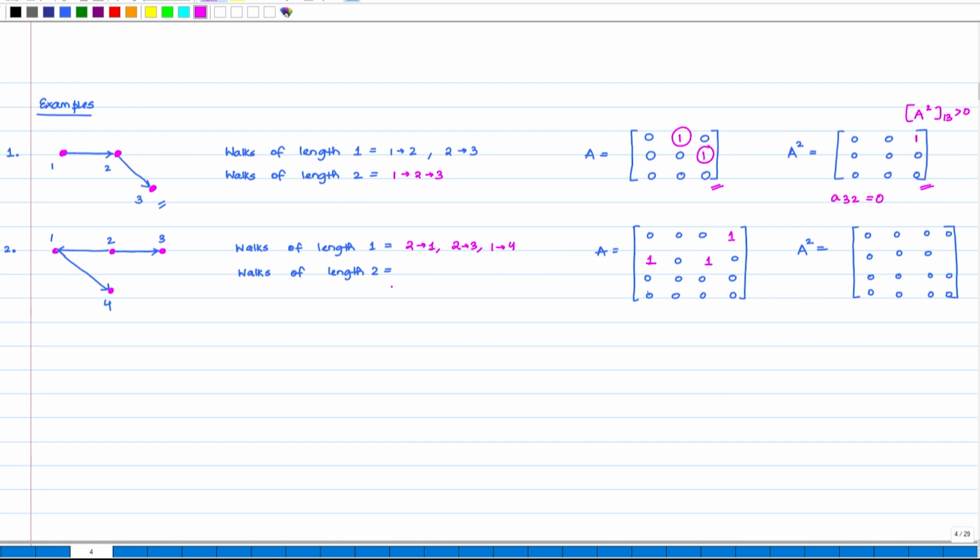Similarly, what are the walks of length 2? There is just one walk, 2 to 1 to 4, meaning in A squared, the entry (2, 4) is the only entry which will be greater than 0, meaning this entry will be equal to 1.